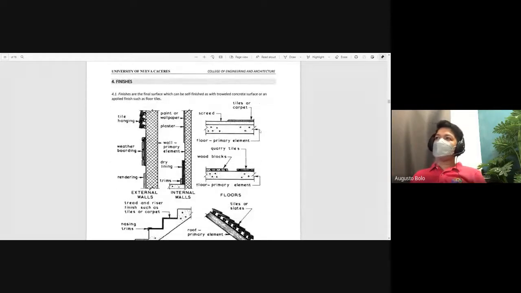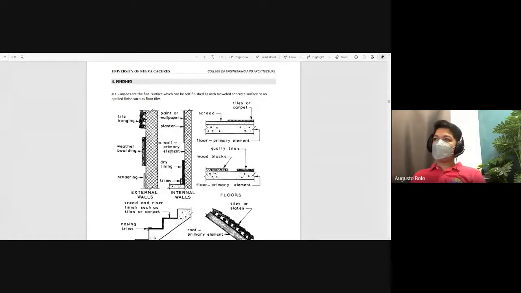Okay, finishes. For the finishes, we have finishes are the final surface which can be self-finished as with troweled concrete surface or an applied finish such as floor tiles.